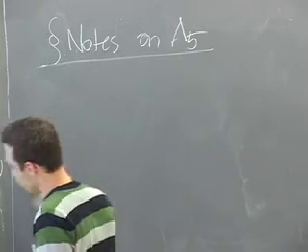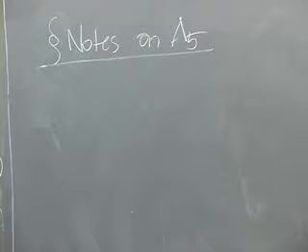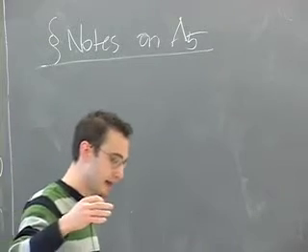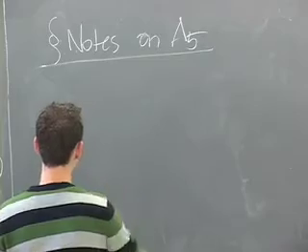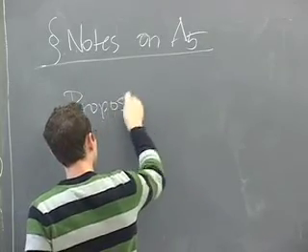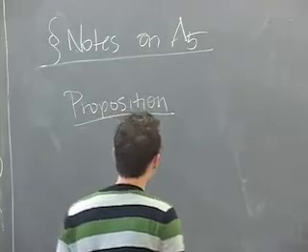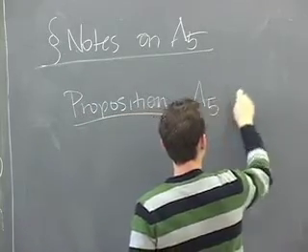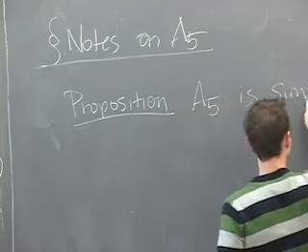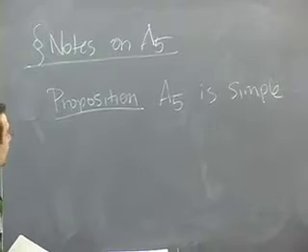Or at least on the optional homework assignment, you'll find a set of things that lead you through one part of that, and then I'll finish that off here with a converse. So the first main thing you need to know, and this is what's on the optional homework assignment, is that A5 is simple. So it's a simple group of order 60.